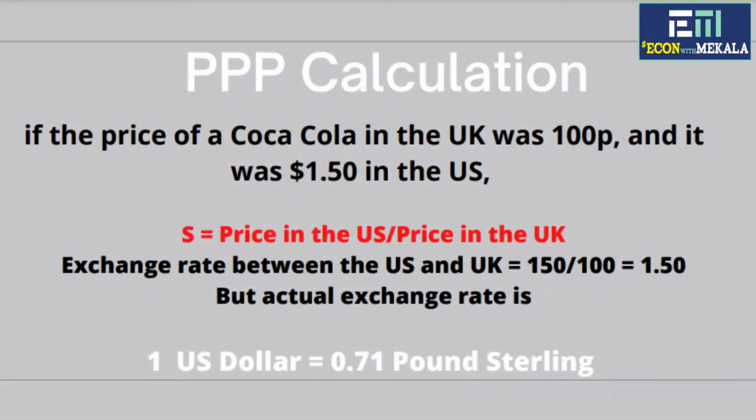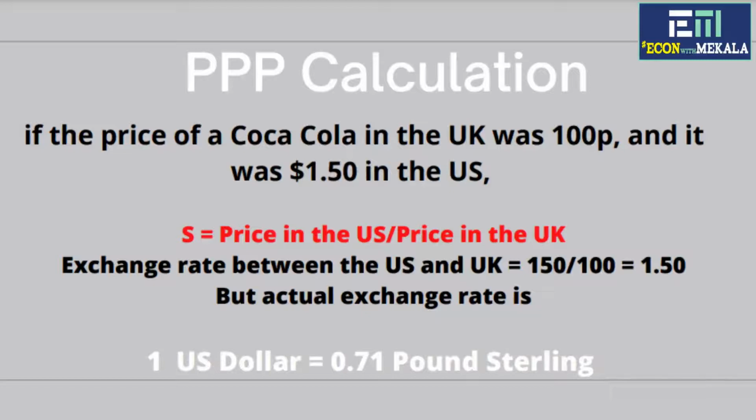Let's have a look at how to calculate purchasing power parity. For an example, let's think a Coke bottle is priced at 100 pence in the UK and the same Coke bottle is priced at $1.50 in the US. So the purchasing power parity is a ratio. How much is the purchasing power parity ratio?